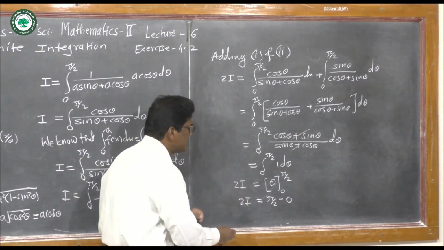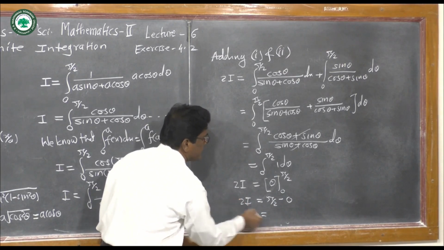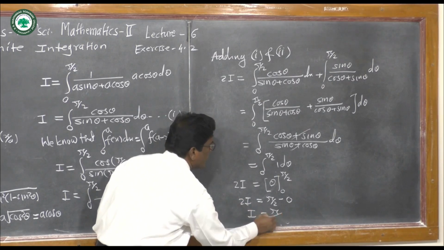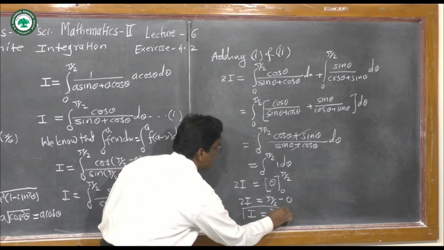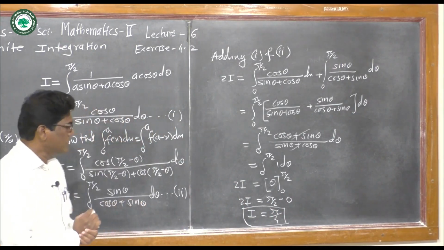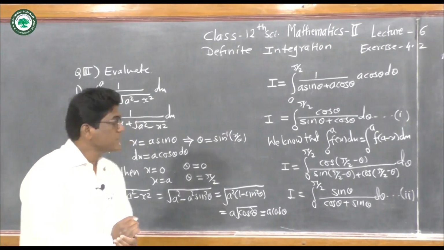Carry this 2, so I is equal to, now it is in multiplication so we divide, pi divided by 2 into 2, 4, so the final solution is pi by 4, I is equal to pi by 4. So take the screenshot of this problem. Now we see the second problem.